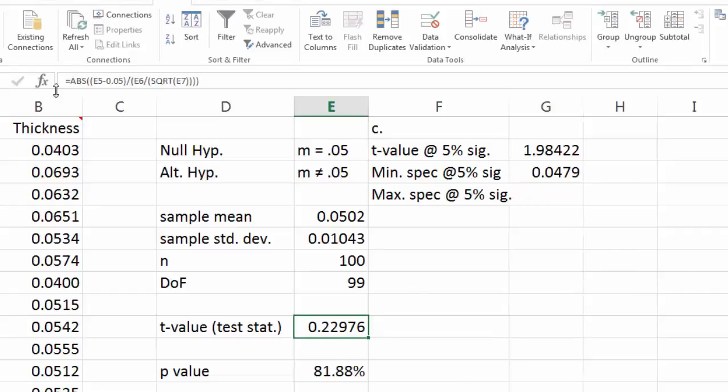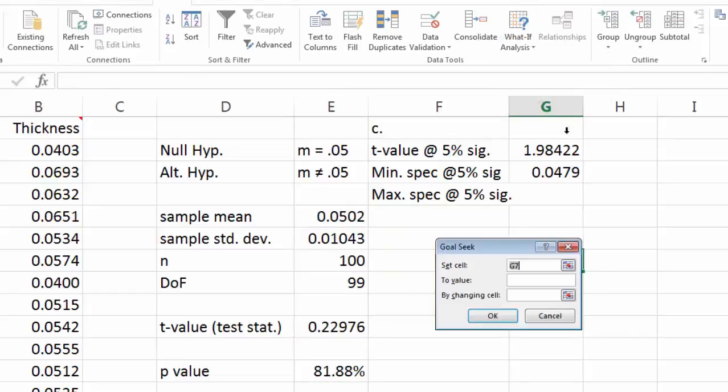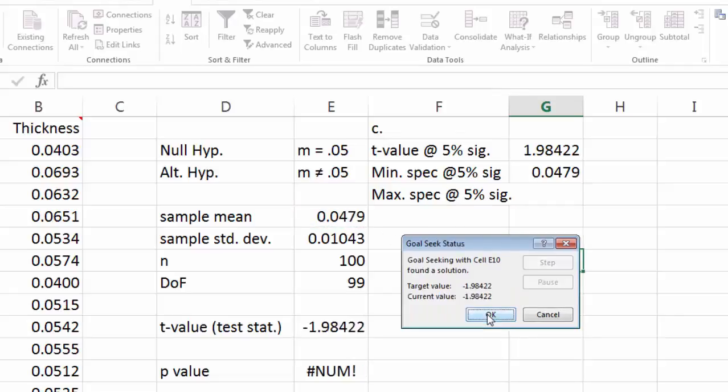Okay, to make that goal-seek work, I have to now take my absolute value off to let this go negative again. So if I do that, I'm going to lose my p-value, but that's okay. So I'm going to do my goal-seek, setting my t-value to minus 1.98422 by changing that.